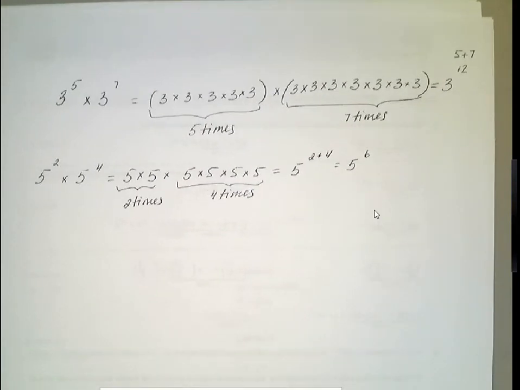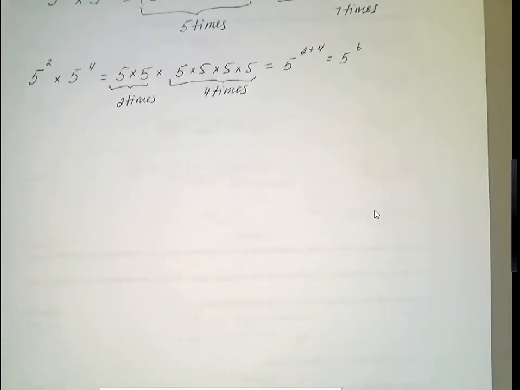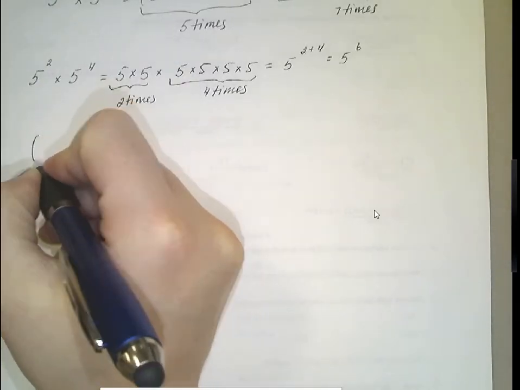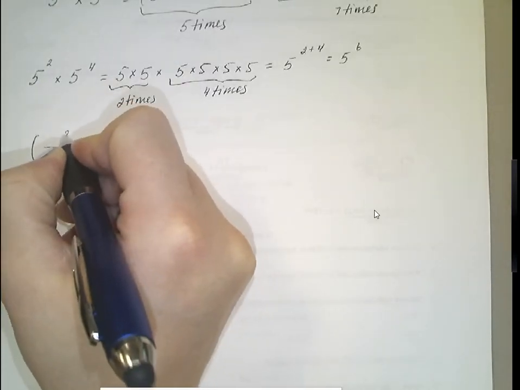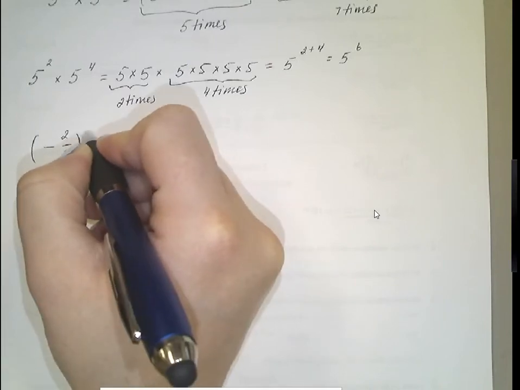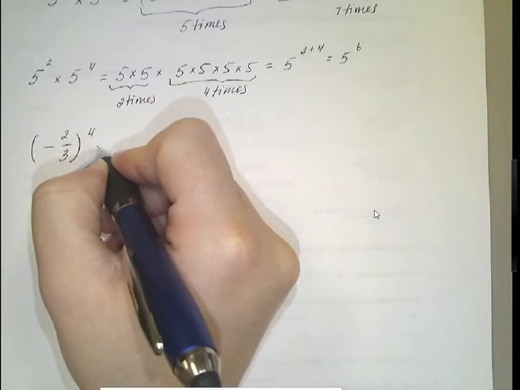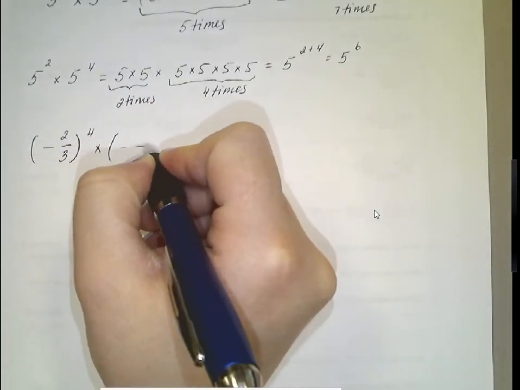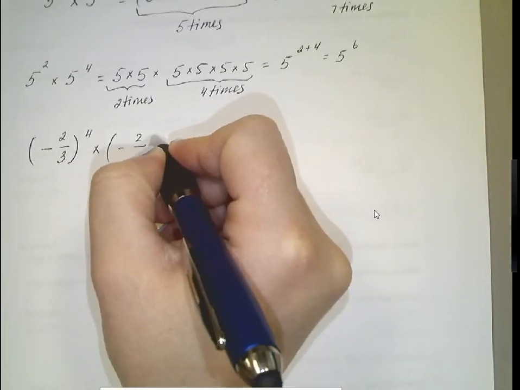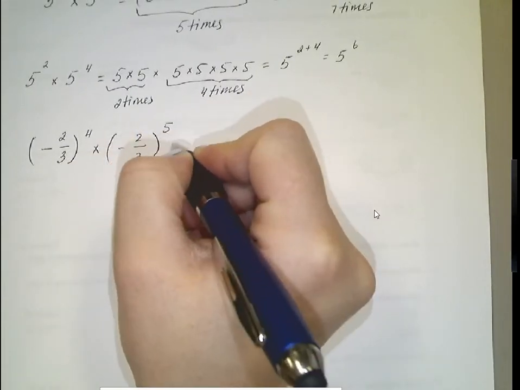Let's see if that works with all the numbers. Let's take a fraction. Negative 2/3 to the 4th power times negative 2/3 to the 5th power.